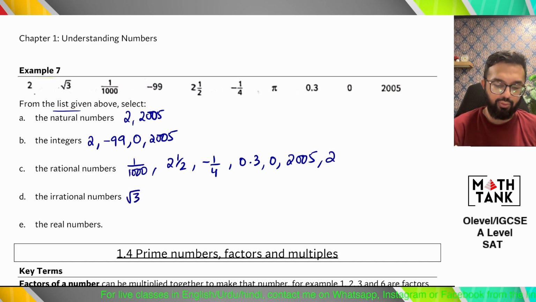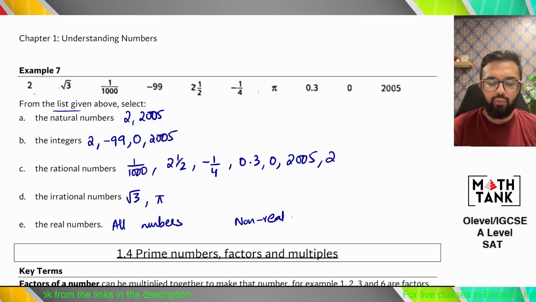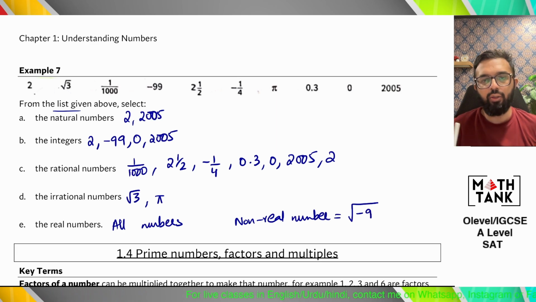Root 3 is irrational. Pi is irrational. Real numbers: all of these numbers are real numbers. What are non-real then? You will study this when you do A-level math. For example, root of minus 9 is a non-real number. It's also called a complex number or an imaginary number.